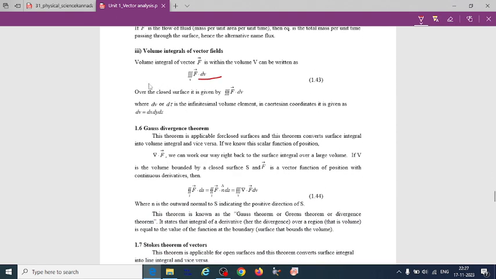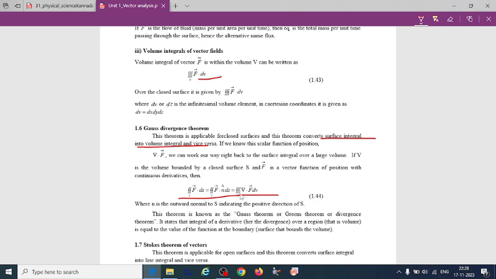Once we understand these integrals, we can understand the Gauss divergence theorem, which is useful for converting a surface integral into a volume integral. So the equation is given like this.